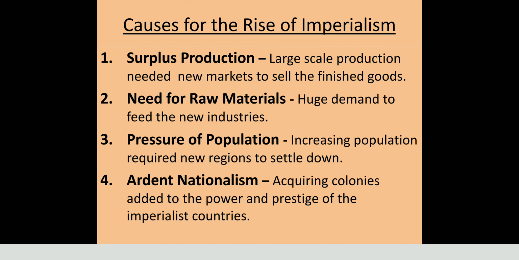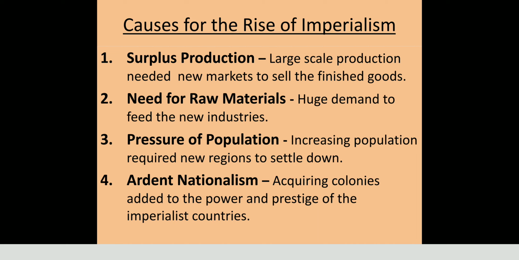Then ardent nationalism. We see that at that time, any powerful nation which went on to acquire more colonies was considered to be very powerful. It added to the power and prestige of the imperialist nation that they had so many colonies under them. The more colonies you have, the more powerful you will be considered.